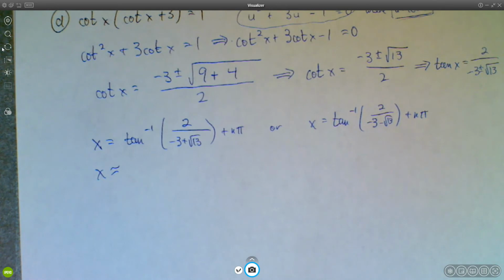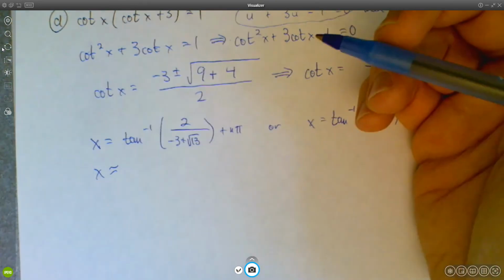So let's see. Tangent inverse of 2 over -3 plus root 13 is about 1.28.